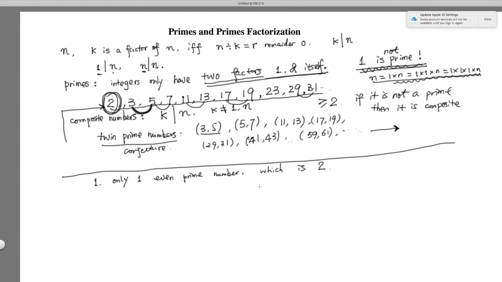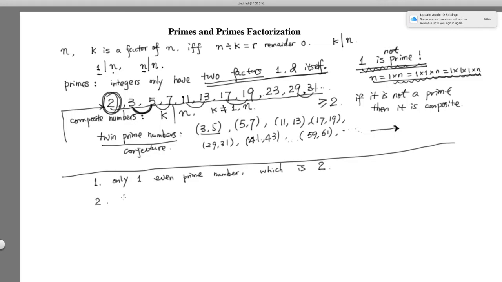Why are there no other even prime numbers? Because for any even number bigger than 2, you have 2 as a factor. So by the definition of a prime number, you have 1 as a factor, itself as a factor, and 2 as a factor. So that number cannot be a prime.